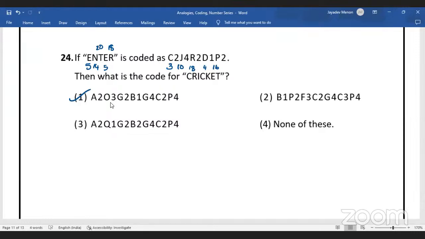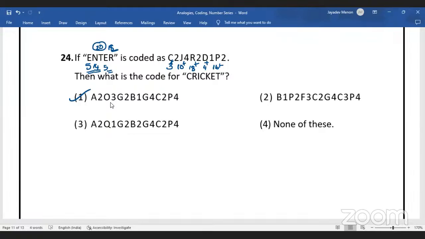If we are adding 3 plus 2, we get 5. If we are adding 10 plus 4, we get 14. If we are adding 18 plus 2, it will be 20. 4 plus 1 is 5. 16 plus 2 is 18. So this is the pattern.